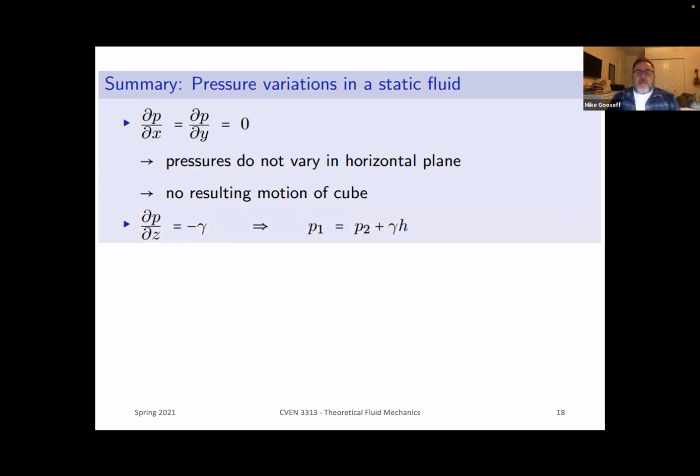We also said that in the vertical direction, the change in pressure with elevation is equal to minus gamma. So the specific weight of the fluid is what is dictating this relationship. Therefore, we can say that P1, or pressure at some location, is equal to pressure at another location plus gamma times the height difference between those two locations.